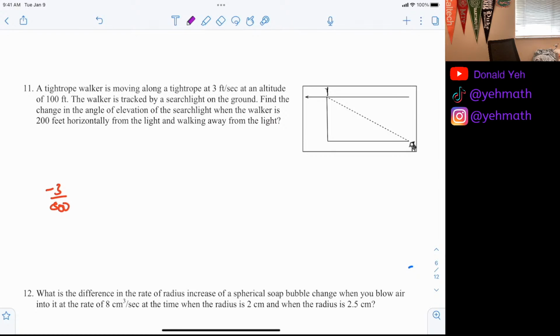Oh, you're not supposed to use the wrong trig function. Here's the wrong trig function. Cosine doesn't make sense. Yeah, yeah. Also, question 88.